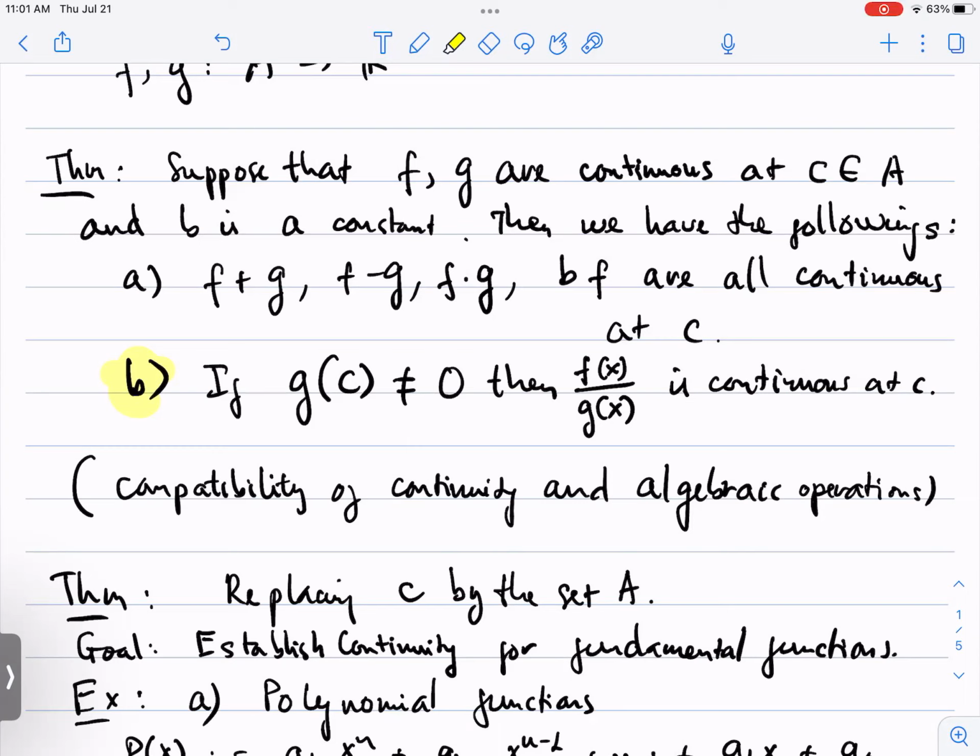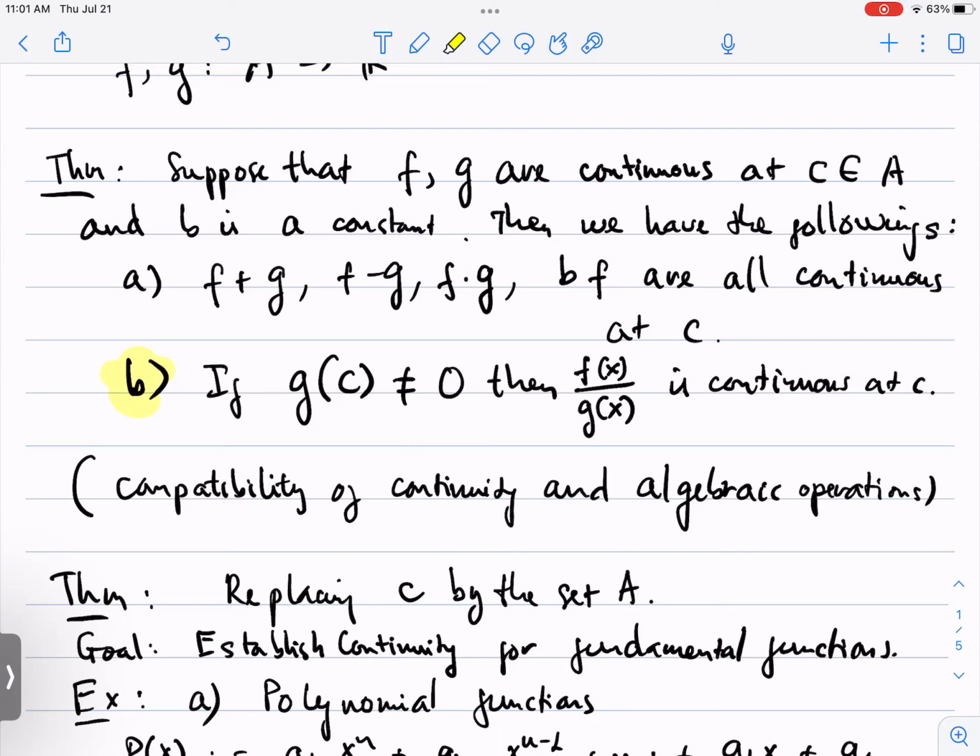Now we have a theorem about continuity and absolute value. Let's consider the absolute value function, absolute value of f, evaluated at any number x equal to the absolute value of f of x.